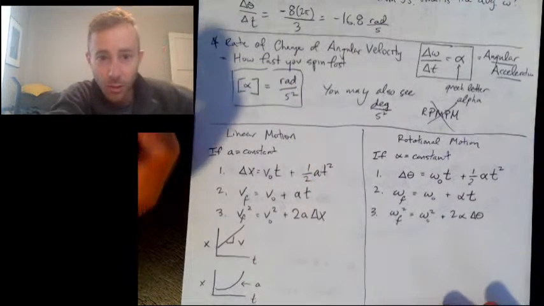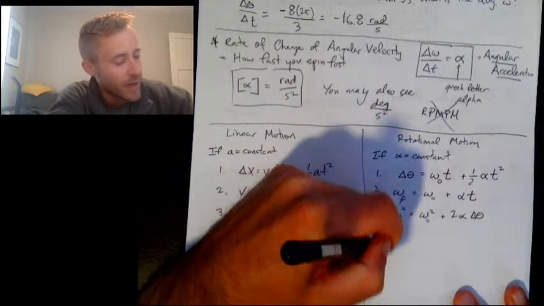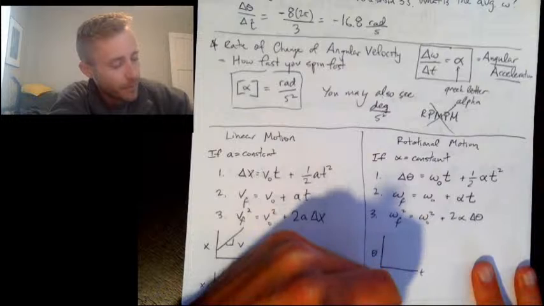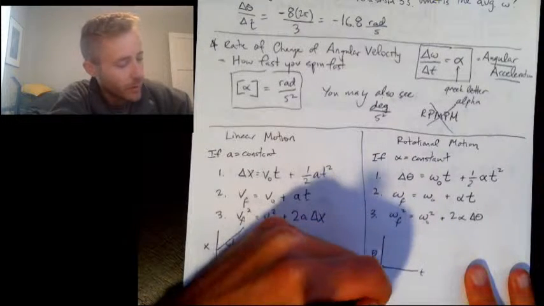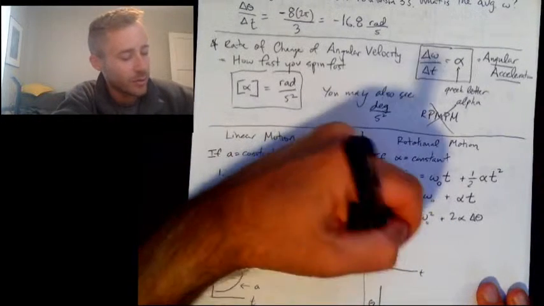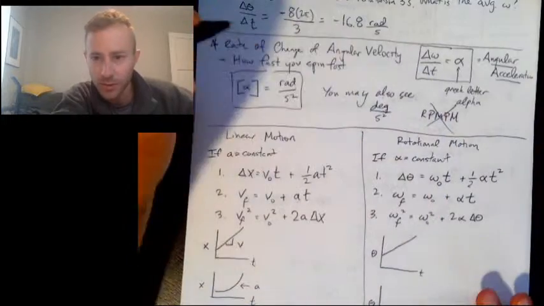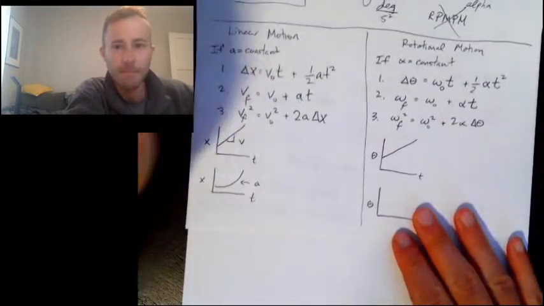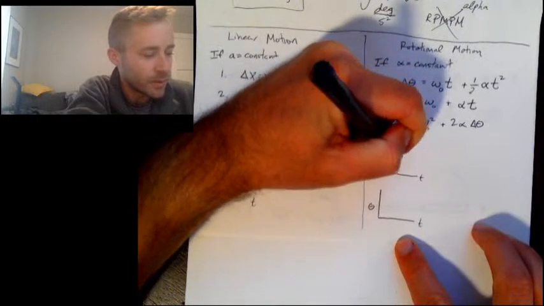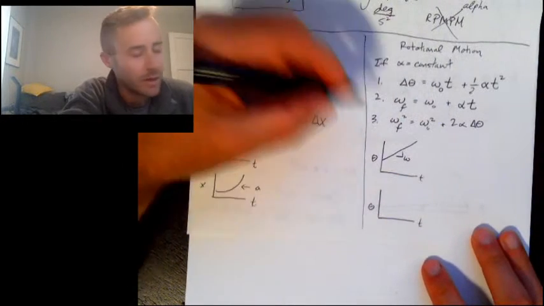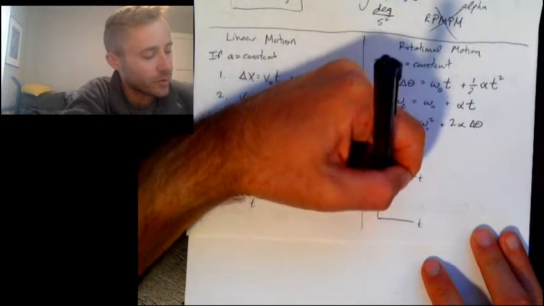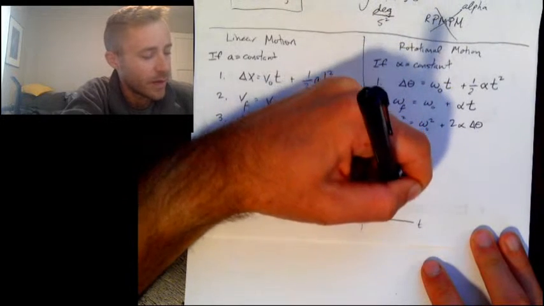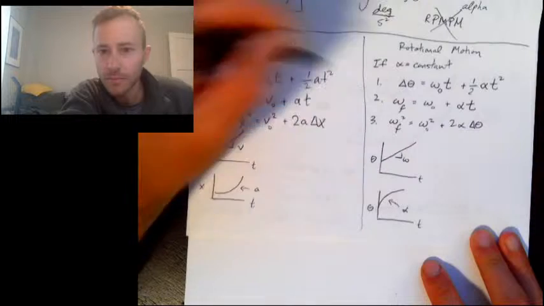The same idea holds if you had an angular position versus time graph. If you have an angular position versus time graph, the slope is angular velocity. If you have an angular position versus time graph and it is bendy, then that means you have angular acceleration.